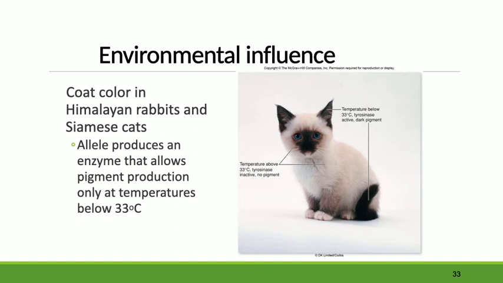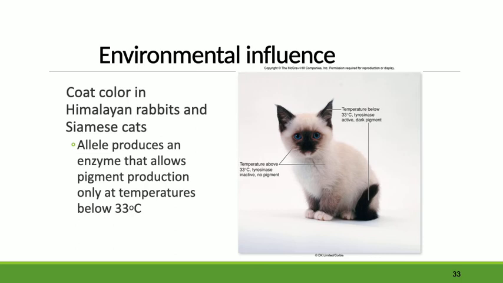So what this means is that at a certain point in the development of the cat or the rabbit, when they're really, really little, if there is a body part that is cooler than 33 degrees Celsius, then a pigment will be produced in that part.